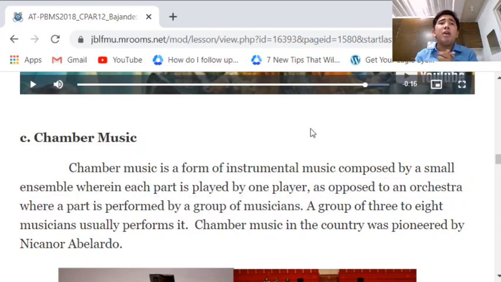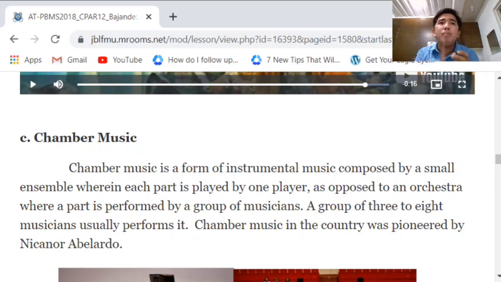So there is a difference, class, when it comes to orchestra and chamber music. In an orchestra, one part is performed by a group of musicians. Even if it is just one part or one piece of music, it is performed simultaneously by a group of musicians.